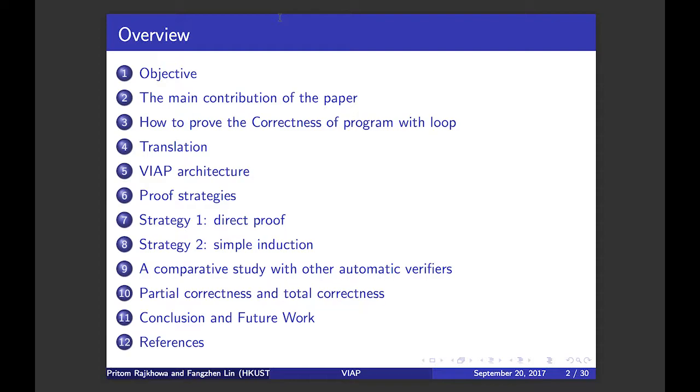I'll give a brief overview of the translation which we have adopted, and a brief description of the VIAP architecture, followed by the proof strategies that we have implemented in VIAP, a comparative study with other automated verifiers, then partial and total correctness, followed by the conclusion and the future work.